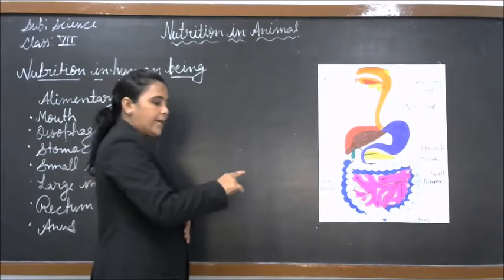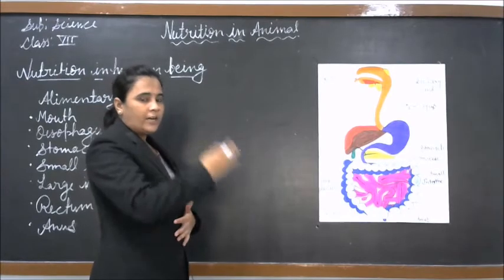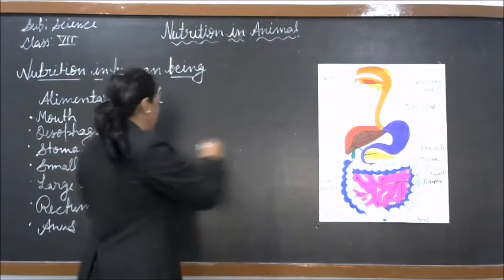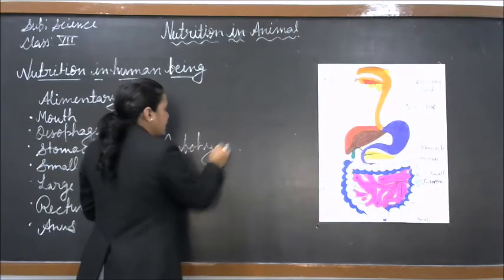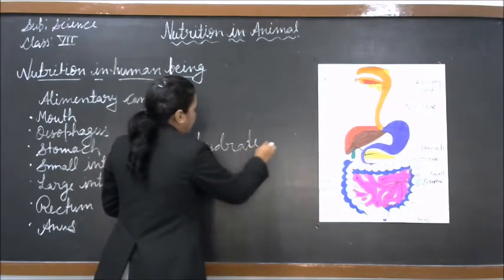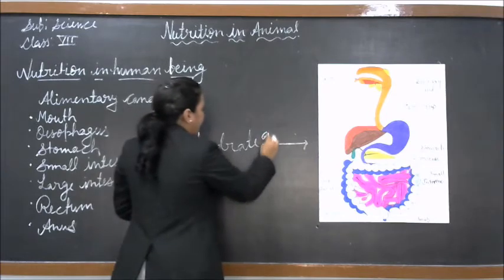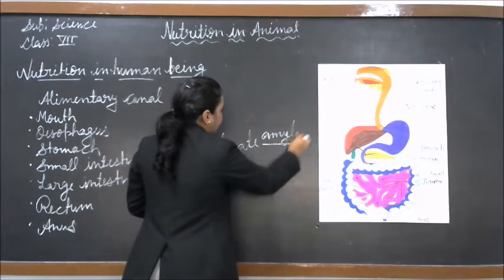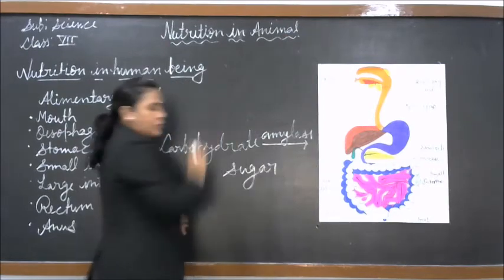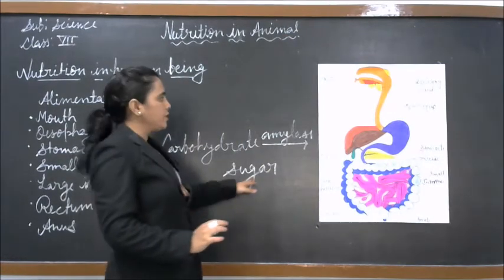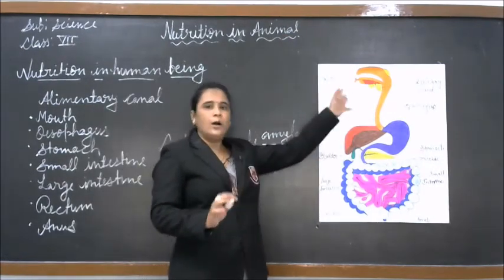This amylase enzyme helps convert the carbohydrate in our food into sugar. In the presence of amylase, carbohydrate is converted into sugar. This process happens in our mouth.